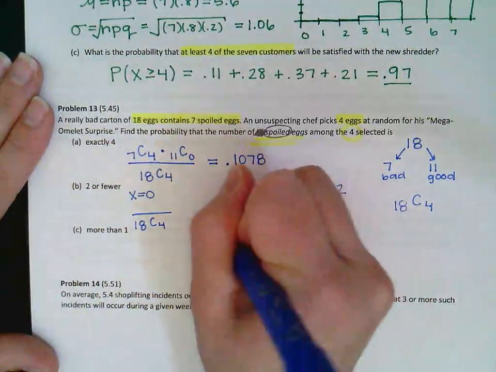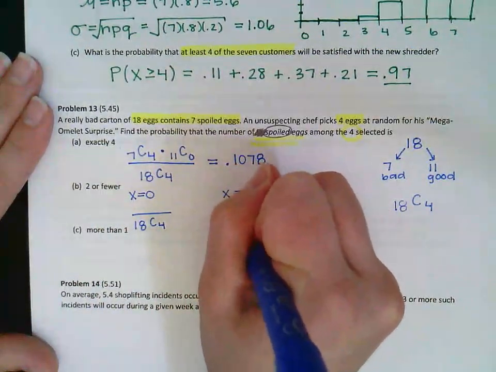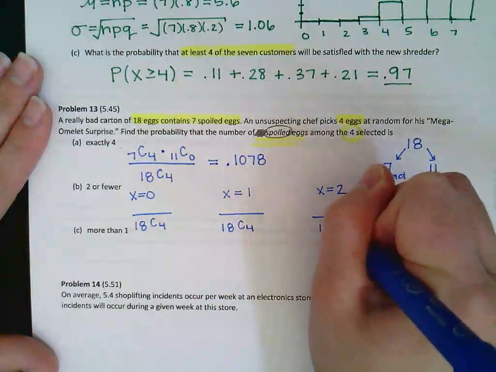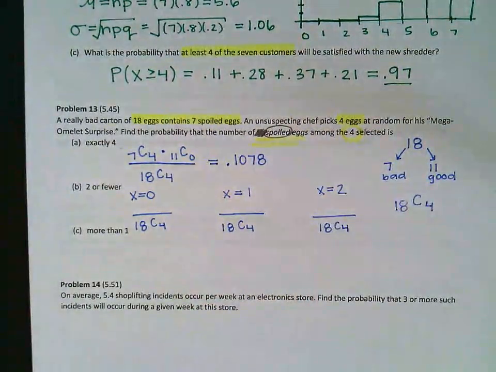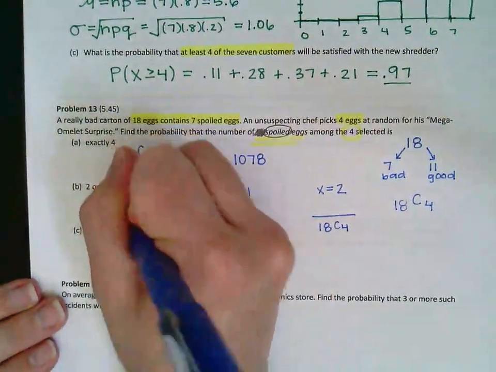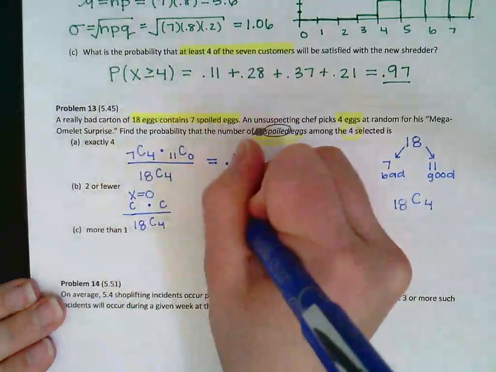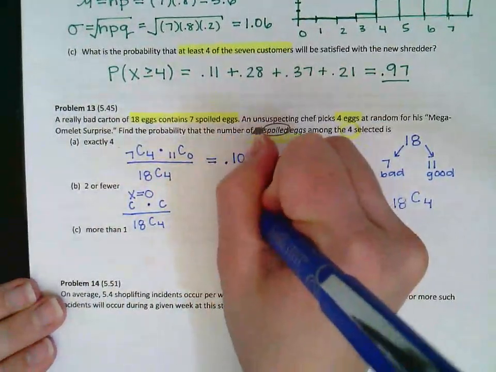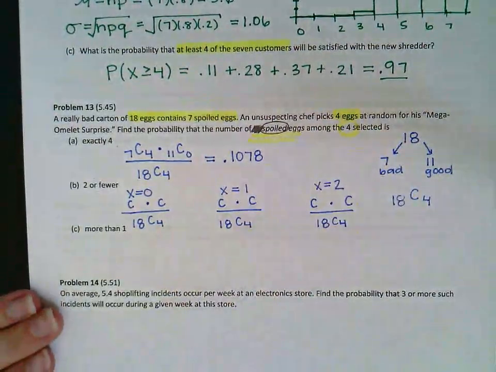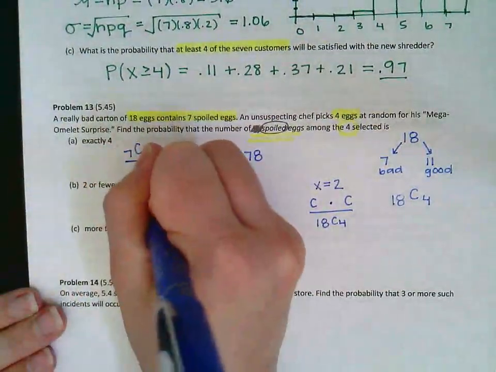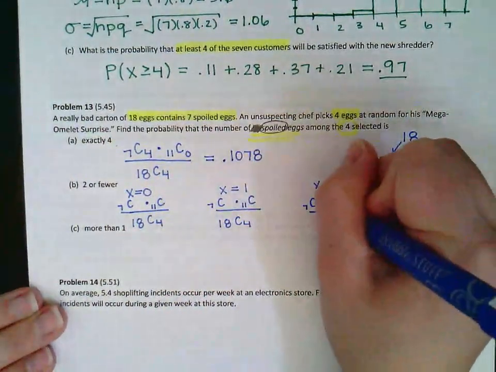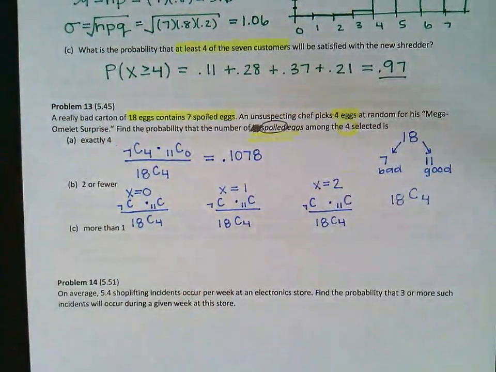That's the total number of ways I could choose 4 eggs out of the 18. Then for each one of these, I have the 2 groups on top, 7 and 11, that I'm choosing out of.